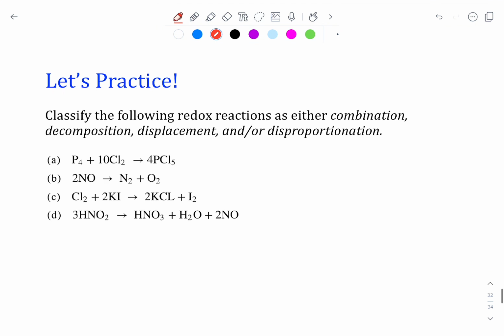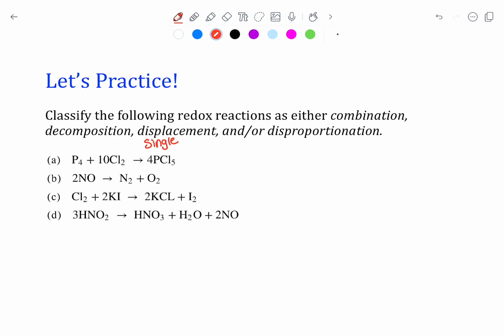So our last two practice problems just want us to identify the redox reactions as either combination, decomposition, displacement, which is going to be the single displacement, where we just flip around a cation, and/or disproportionation. It can be multiple.